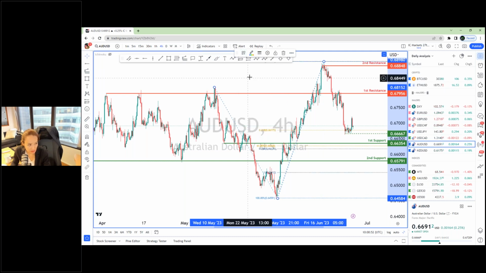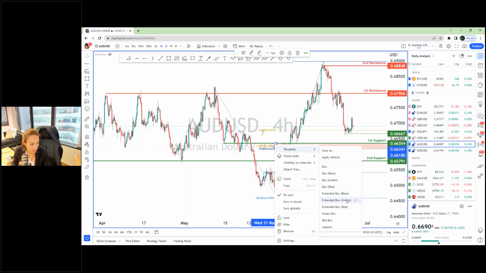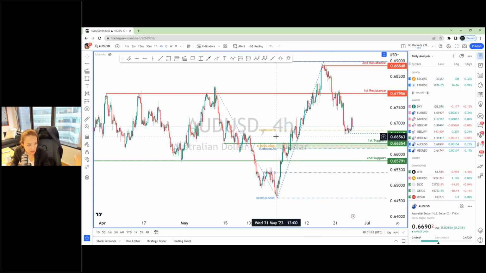You can see that this is 61.8%, this is 78.6% projection. So this is the zone that I watch out for, the support zone here. And actually this is a 61.8% projection.